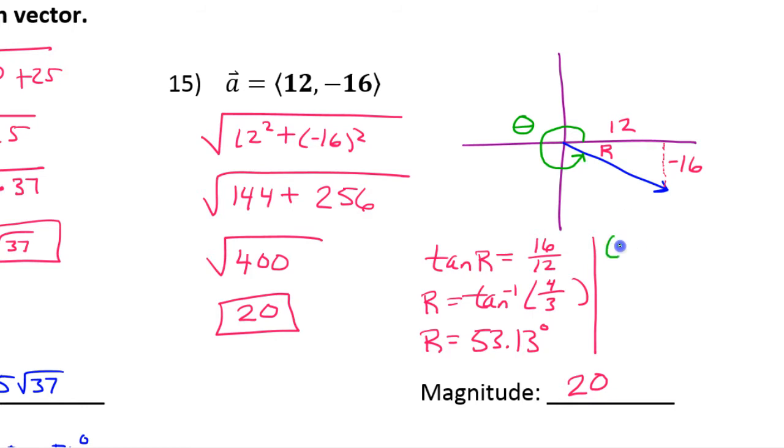So theta should equal 360 minus 53.13. That is 306.87 degrees.